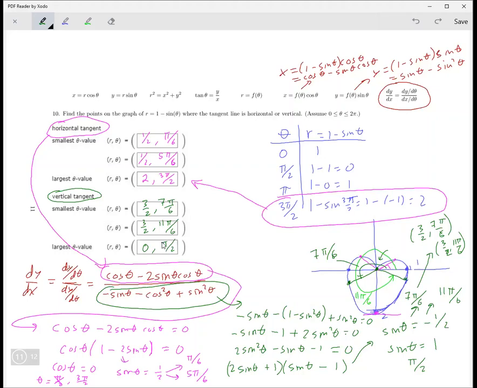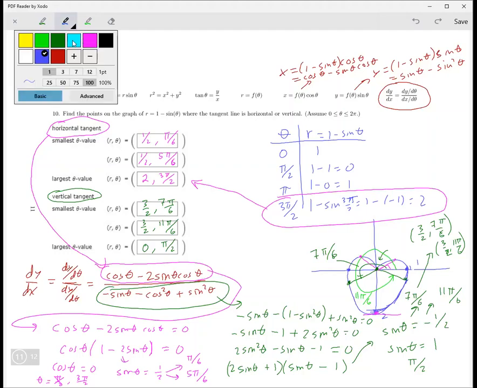Okay, so it says largest theta value, smallest theta value is supposed to be this one, and this is supposed to be the largest theta value. But this is the smallest one, so I don't know what's the problem here. This is really weird. But anyways, I marked it wrong until I got it. So I don't know what to say.